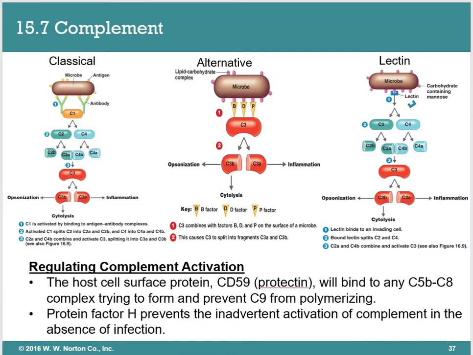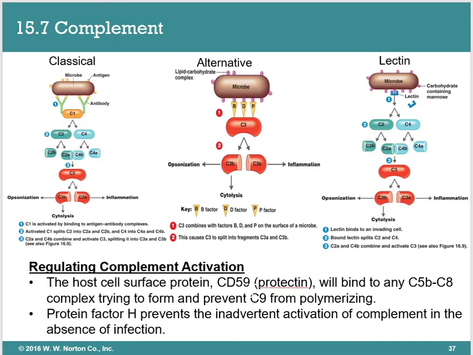So we have the 3, like I said, we have classical, alternative, and lectin. So these guys, like I said, I'm not too concerned about you knowing every single little step. I really just want you to know the first main step, and then I want you to know the outcome of all 3, which is the same for every single one. The whole purpose is to promote inflammation, phagocytosis, and opsonization.